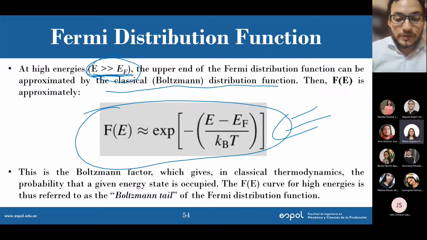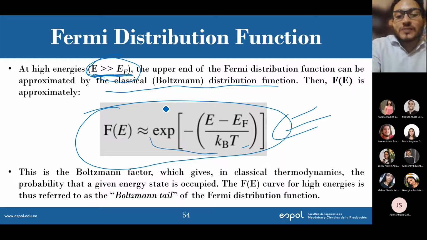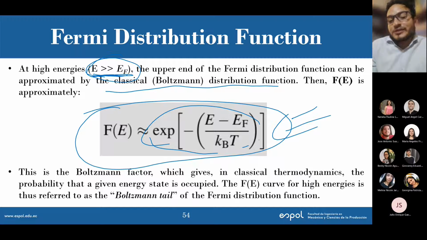David. Yes. I have a question. By how much energy is it considered much higher? I mean, it all depends on how big this term becomes. There's really no value that you can say, oh, if it's, I don't know, one order of magnitude greater, then it's considered.